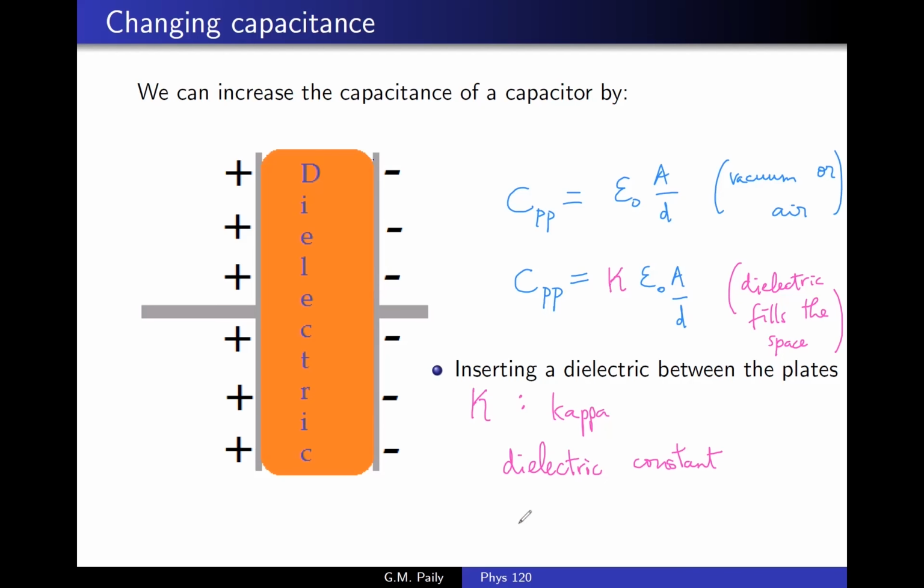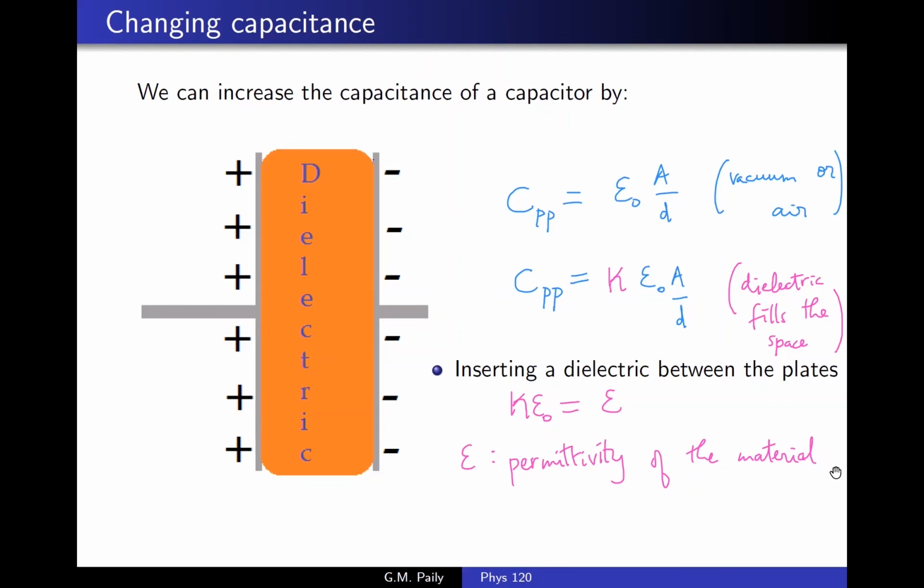The dielectric constant is unitless, which makes sense. We already have all the units we need from epsilon naught, A, and D. Kappa is just a multiplicative factor. I also want to note that sometimes people will combine kappa and epsilon naught and call it a new constant, epsilon.